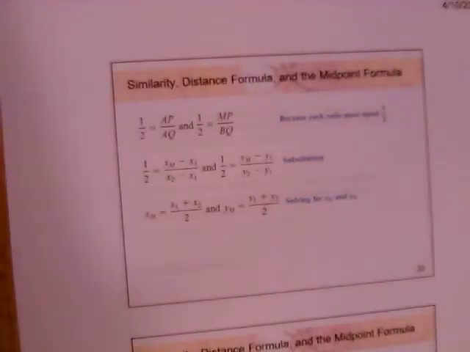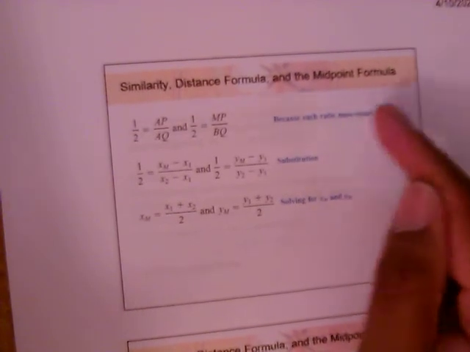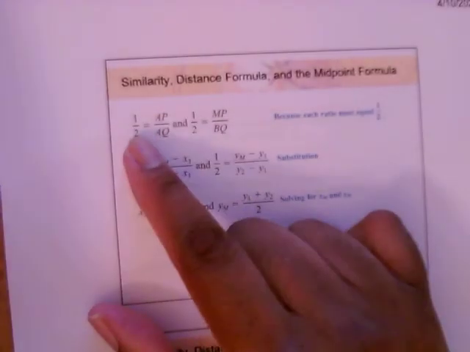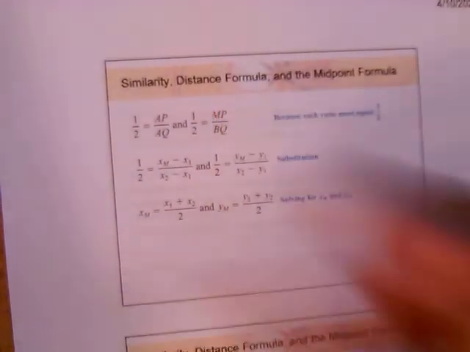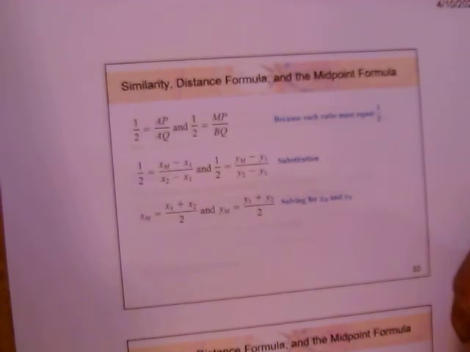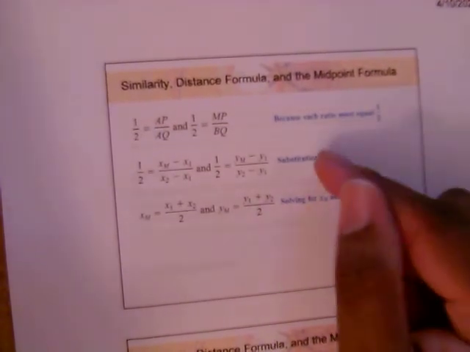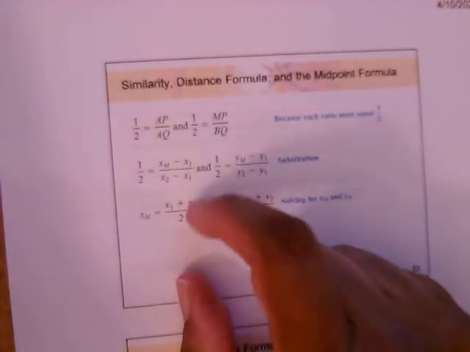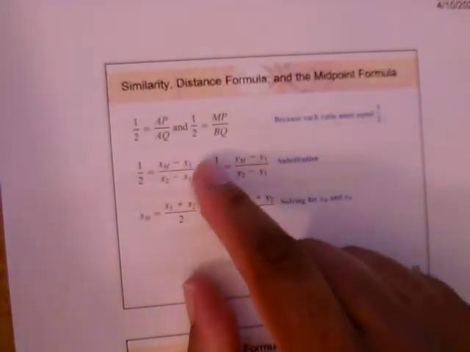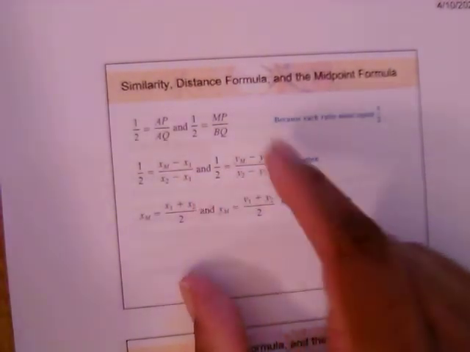And then next, each ratio does equal 1/2, so that means that AP over AQ is 1/2, and MP over BQ is also equal to 1/2 as well. Okay, now, they did a little substitution here. The distance from A to P was (xM minus x1) over (x2 minus x1).